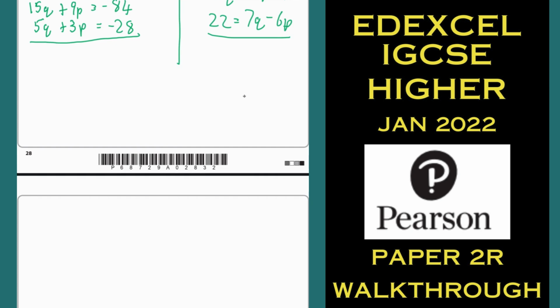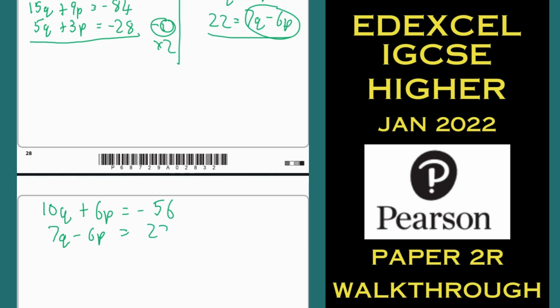But the way I did it on my worked answers, I called that equation 1 and I double it. So I get 10Q plus 6P equals negative 28 doubled is negative 56. But I kept this one the same. I'm just going to write that bit on the left-hand side, and so the 22 on the right-hand side.